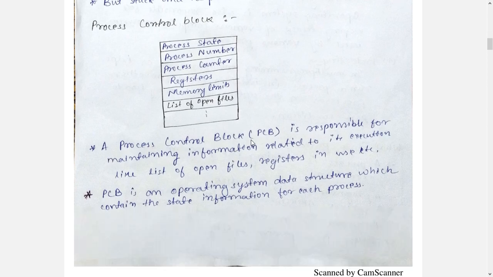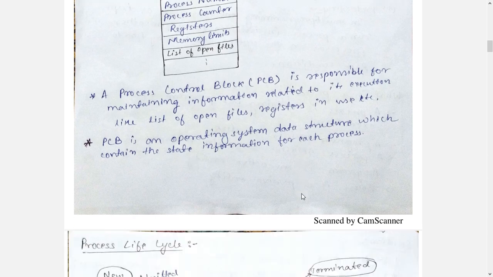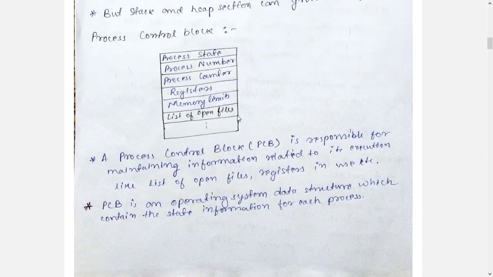So a process control block is responsible for maintaining information related to its execution, like list of open files, registers in use, etc. The process control block in an operating system is a data structure which contains the state information of each process. So it is a per process data structure. The process control block of one process is different from the process control block of other process.